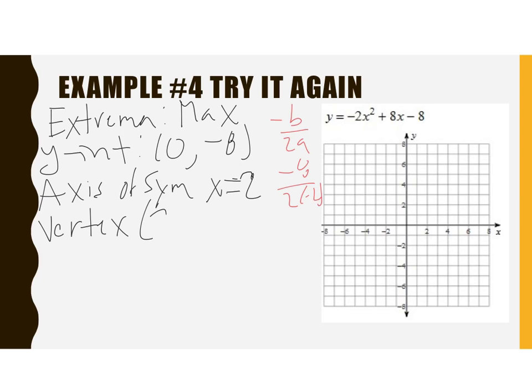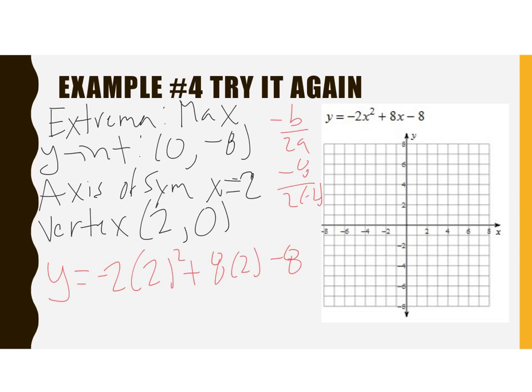The x value is the same as the axis of symmetry. Plug in to find the y value. So back to the original equation. Y equals -2 times 2 squared plus 8 times 2 minus 8. If I go through and solve this carefully, I will see that the y value of my vertex is 0.